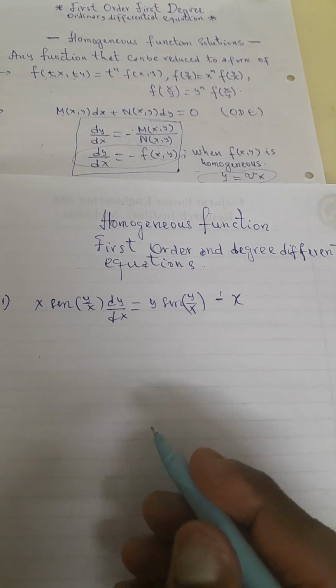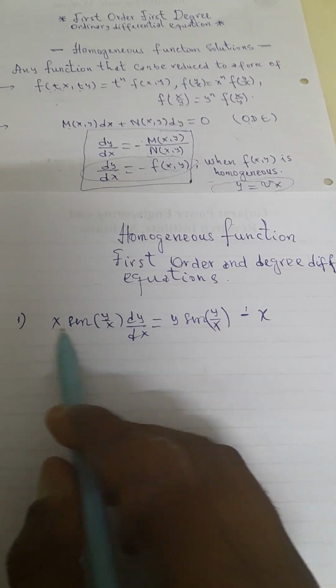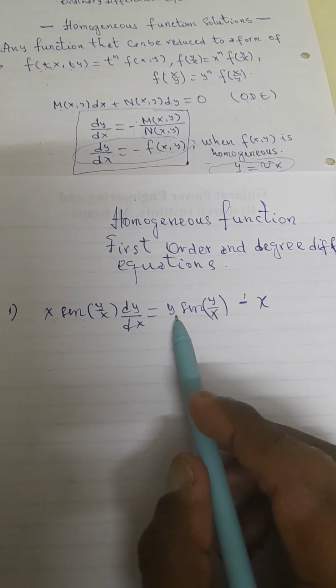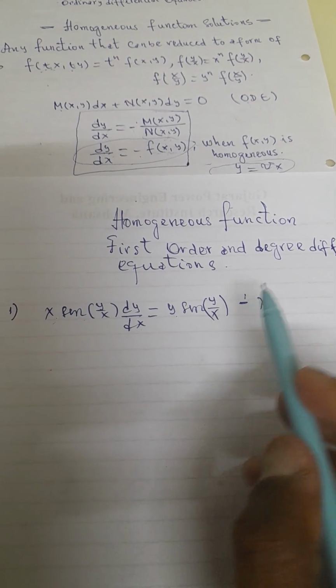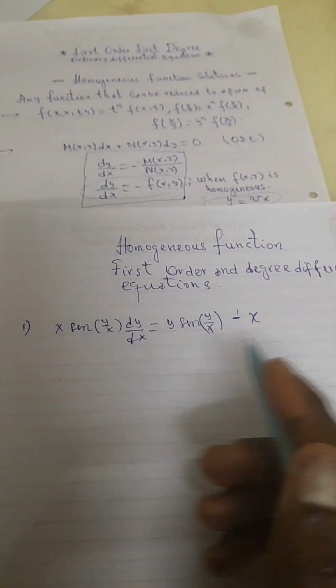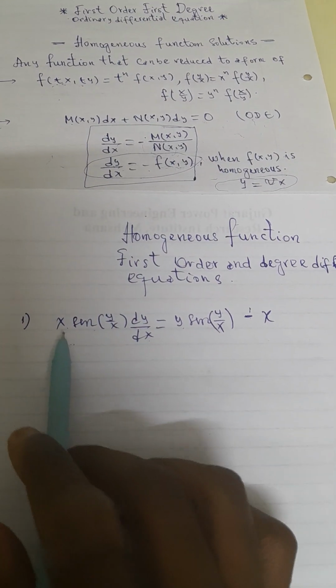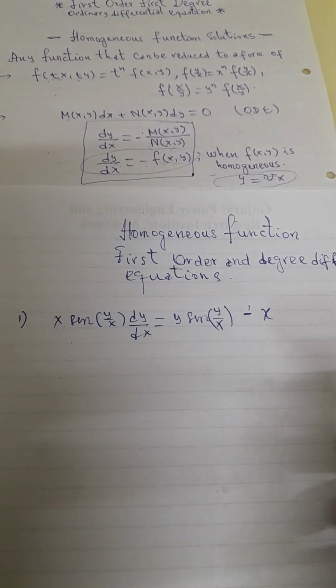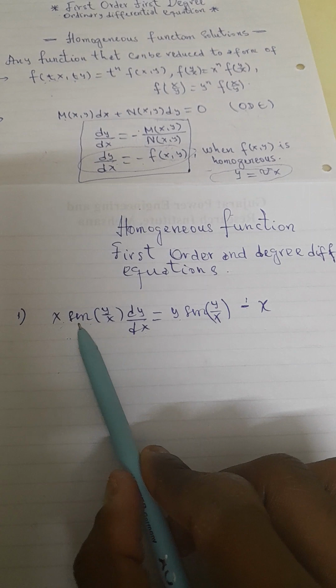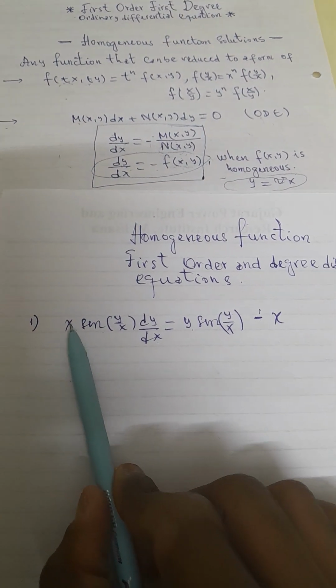So here we have x sin of y upon x, dy upon dx, equals y sin of y upon x minus x. What we have to do first is check whether this function is homogeneous. There is a quick way to see whether this function is homogeneous or not, just by looking at this. See, what is the degree?